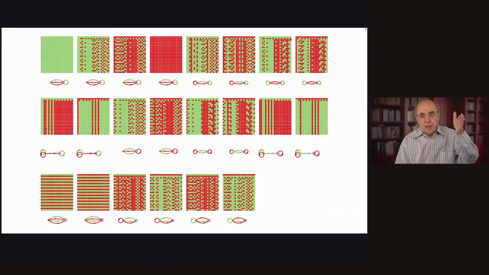What we've got here is every column in every picture is the result of playing the particular machine that you're seeing here against each of the 22 other possible machines. That's kind of showing, it gives some sense of the complexity of the behavior that you get playing each of these machines against all other machines. So some of these machines, like the very first one, the behavior is trivial, it's green everywhere, and other ones, the behavior is more complicated.